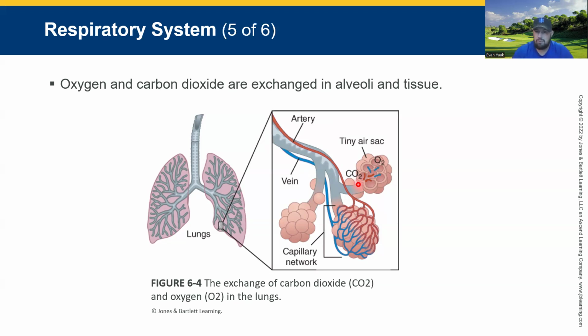We don't use all of our alveoli at once. They're little balloons, and they blow up. They have oxygen in them. That oxygen goes into our capillaries, while carbon dioxide comes out of our capillaries. And when we breathe out, it pushes the carbon dioxide out of our body.